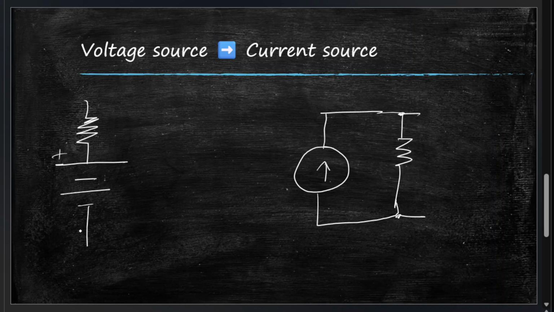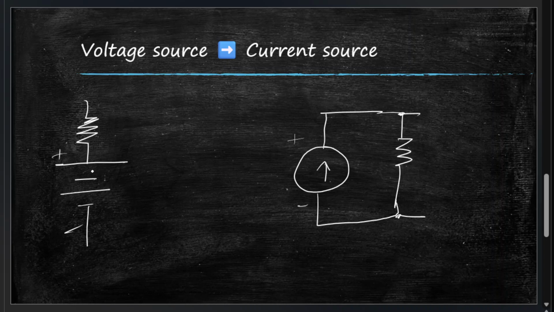Let's put the polarity plus minus, and for current sources the polarity is where the arrow is pointing, that's positive, and the other side is negative. Voltage sources always remain in series with a resistor, and current sources always remain in parallel with a resistor.